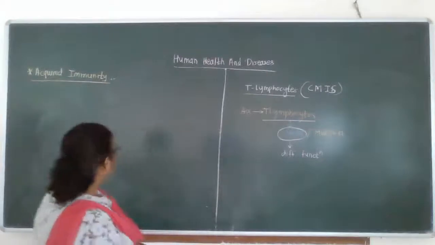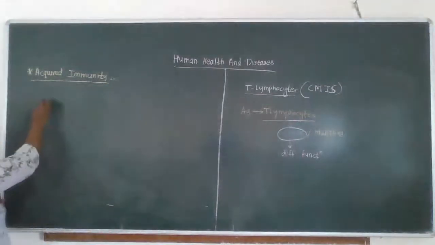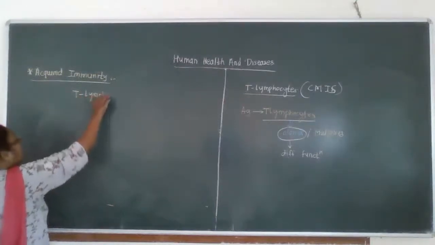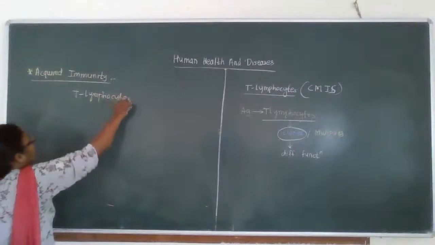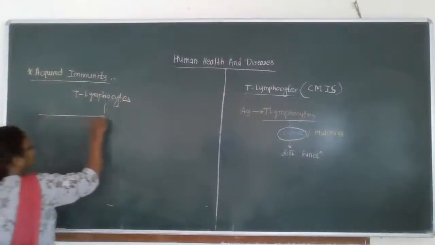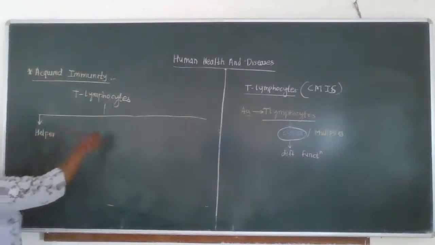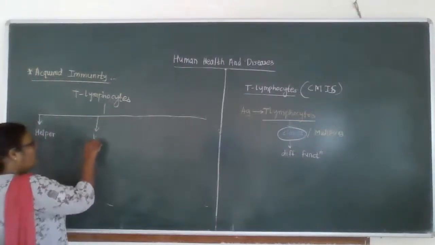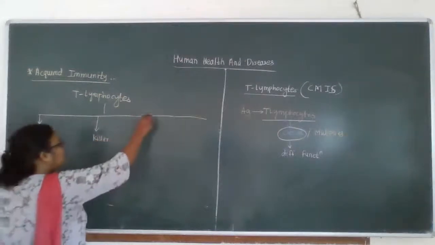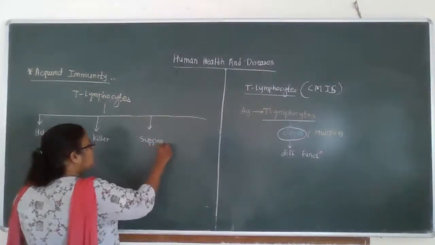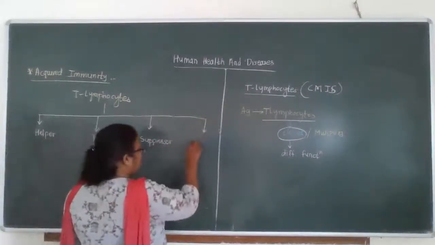The first one is the helper T cell, and their clones are the helper, killer, suppressor, and memory.